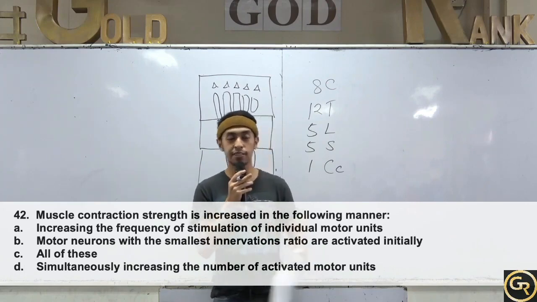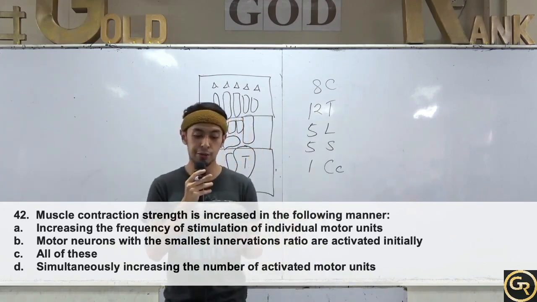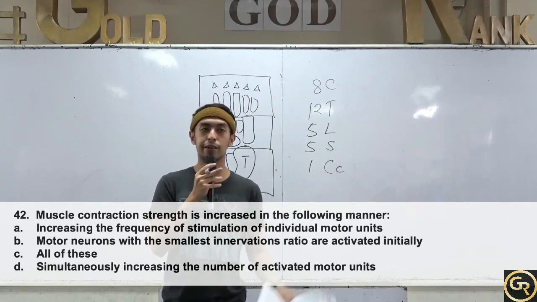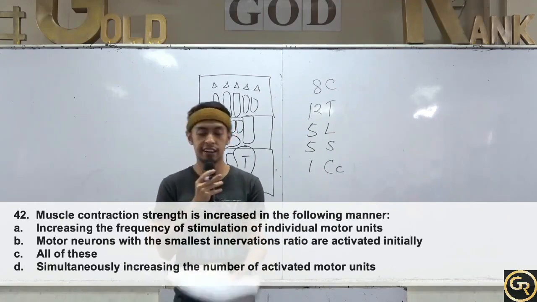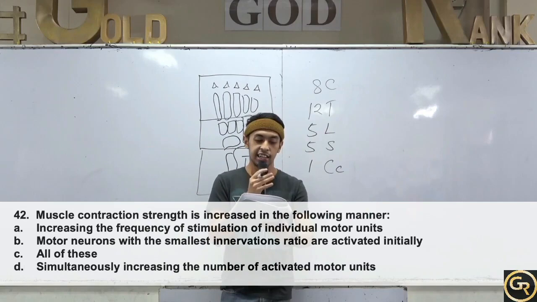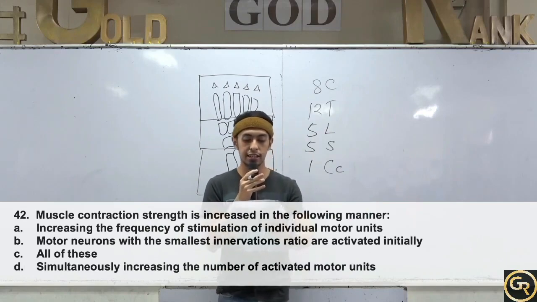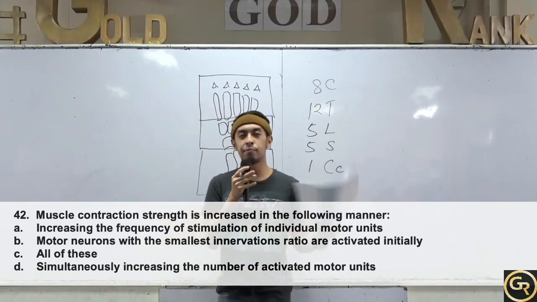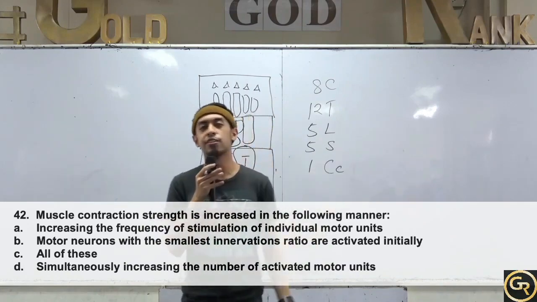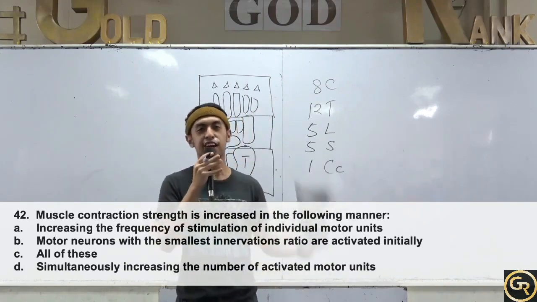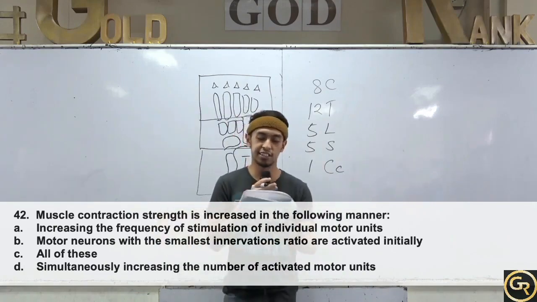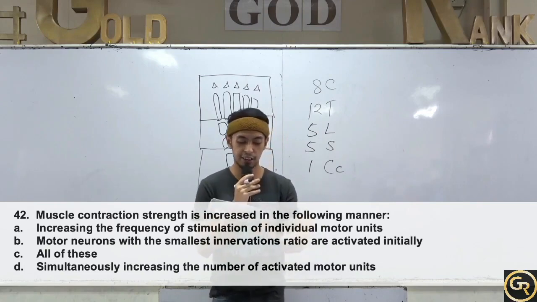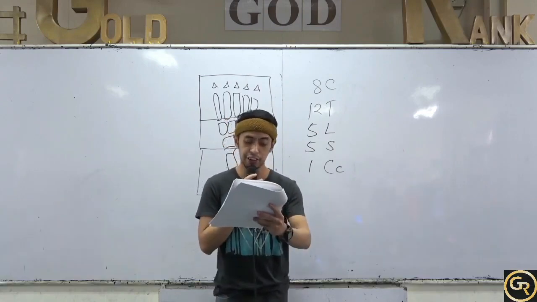Right, we discussed that those with the smallest innervation always come first before those with the largest innervation. Letter D, simultaneously increasing the number of activated motor units. Yes. The more motor units you activate, the stronger the contraction of your muscle. So therefore, number 42, it's all of these.